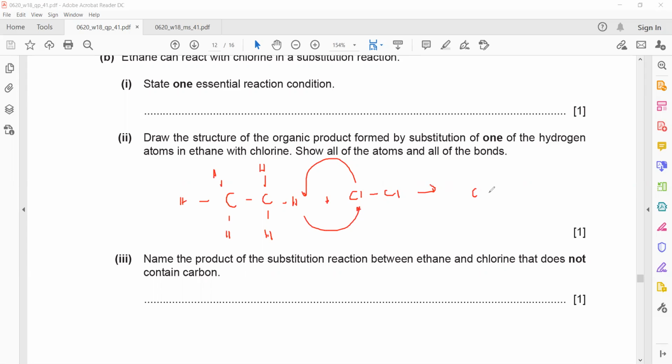So it will form chloroethane plus hydrogen chloride. So the product here is hydrogen chloride. You have to write the word because they mentioned name a product. So you should name that. Not Cl2, it is hydrogen chloride.